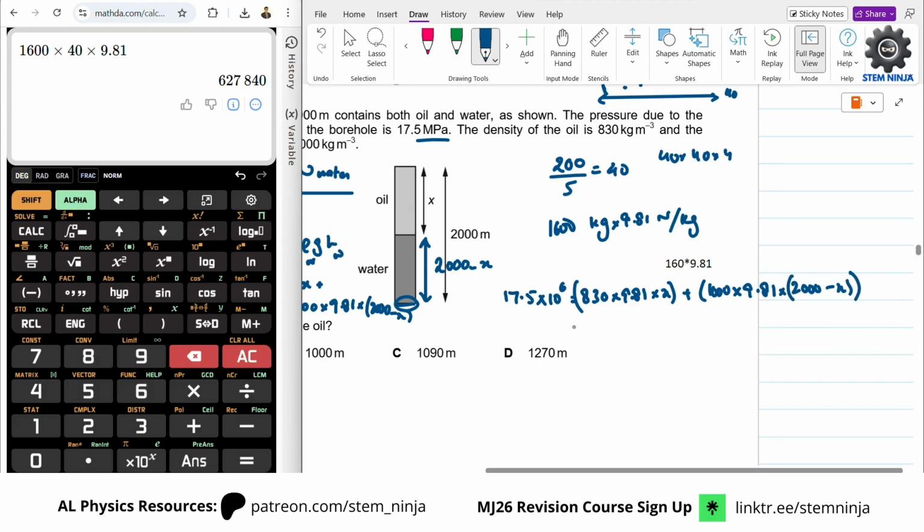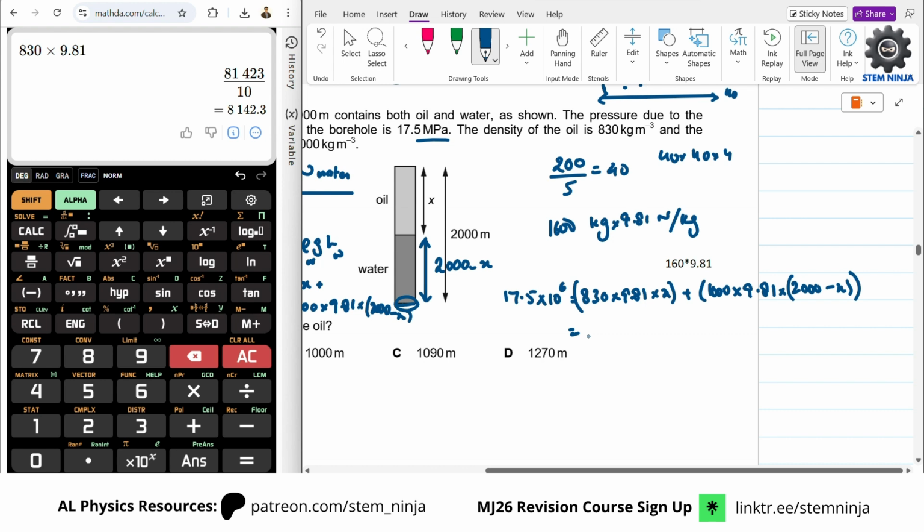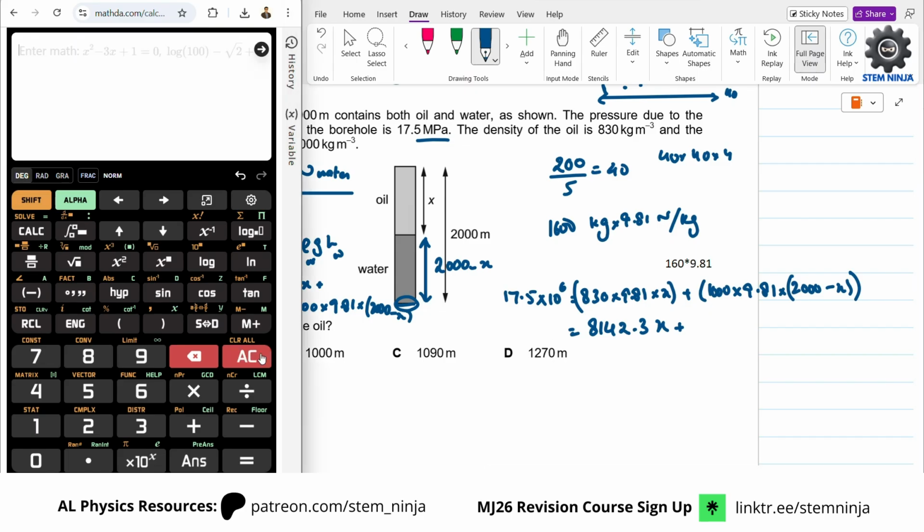Okay, so we'll solve it one by one. So 830 times 9.81 is 8142.3x, plus 1000 times 9.81 is 9810, and times 2000.